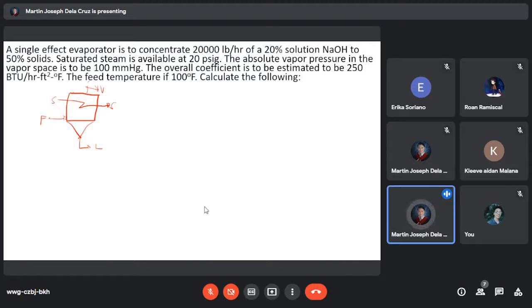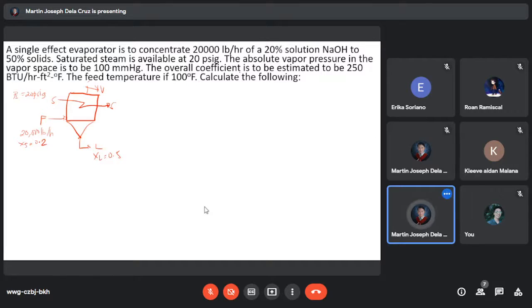Okay? So your feed is 20,000 pound per hour. And then you have XF of 0.2, XL of 0.5. And then you have a saturated steam is available at 20 psi. So you have PS is equal to 20 psi.